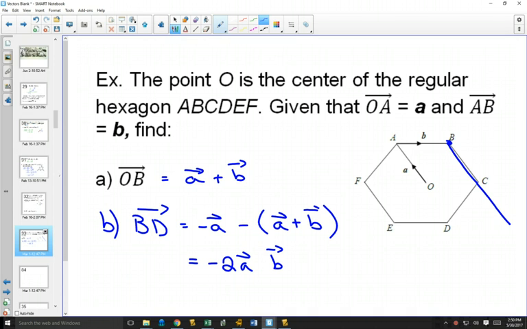This should be a minus sign. If I go negative 2A's and then a negative B, sure enough, I end up at D.